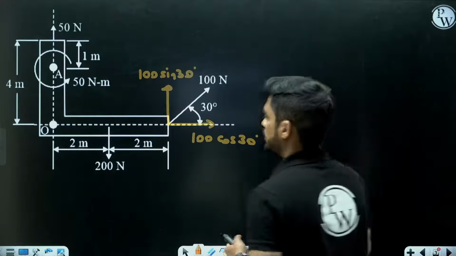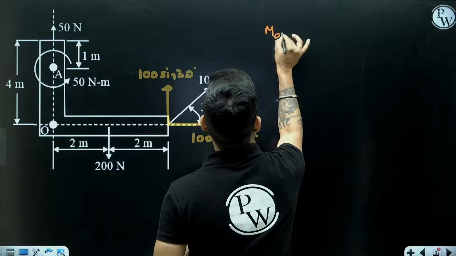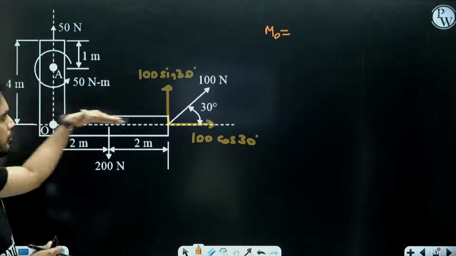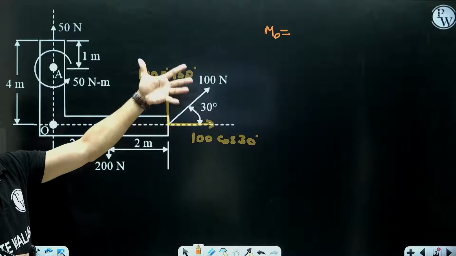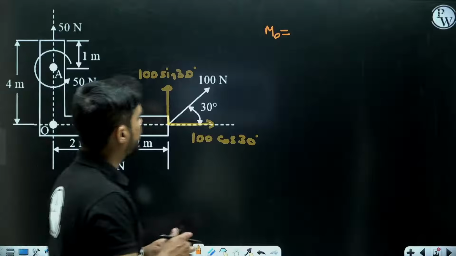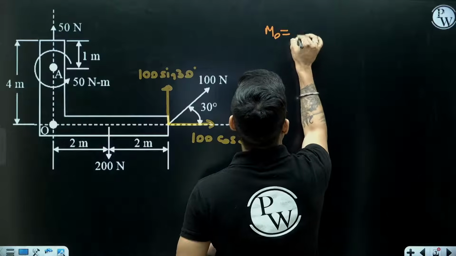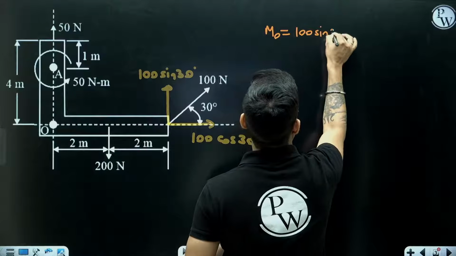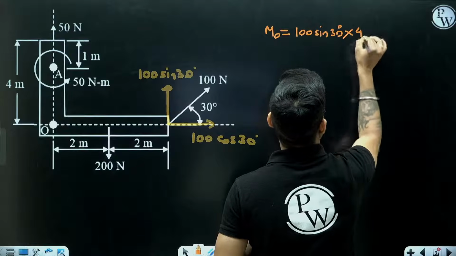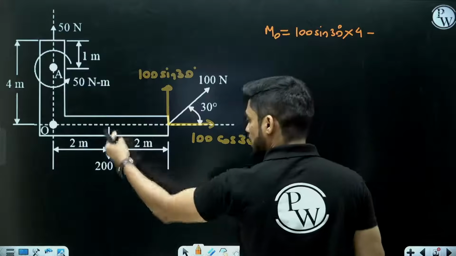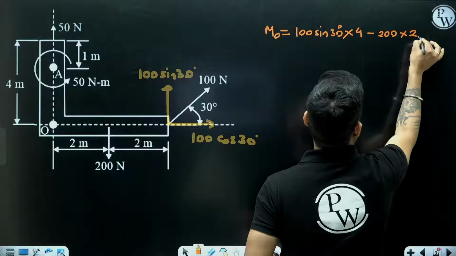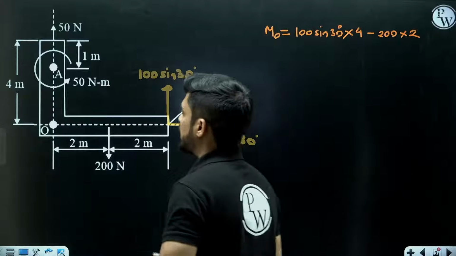So what will be the magnitude of couple at point O? 100 cos 30 is already passing through point O, so it will not create any moment. 100 sin 30 will create an anti-clockwise moment, so it will be 100 sin 30 multiplied by 4 meter. This 200 Newton will create a clockwise moment, so 200 into 2 and it will be negative.